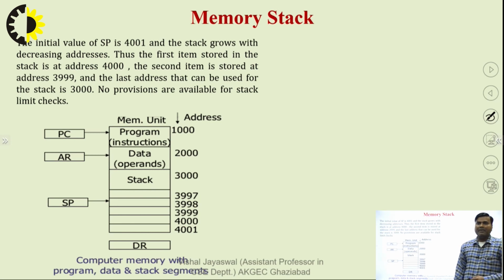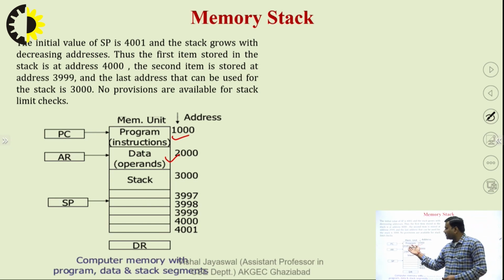Basically, in memory, we cannot make a stack of the full memory. Why? Because some instructions or programs are stored in memory. Some data and operands are also stored in memory.